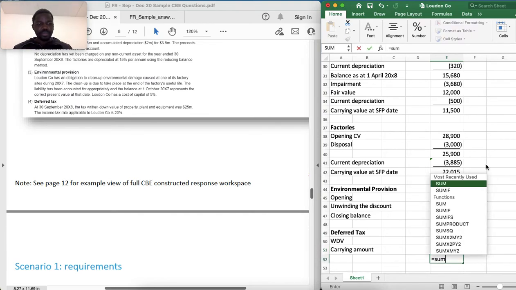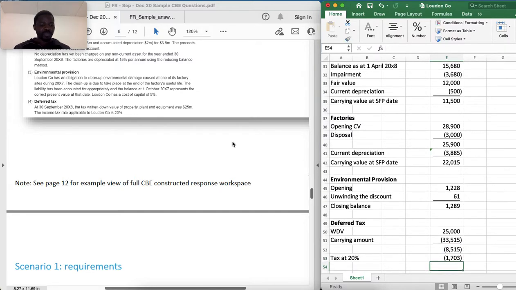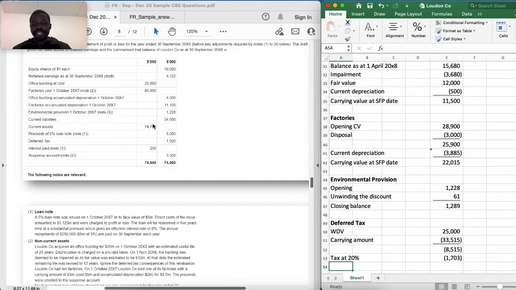Then we get the difference, and on this difference we'll charge tax at 20%. That is deferred tax. So tax at 20%, we say that figure multiplied by 20%. We get that figure.